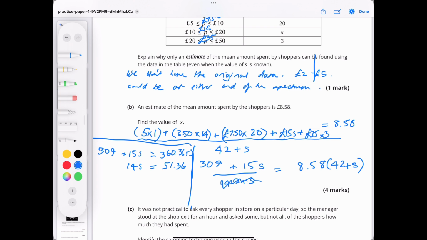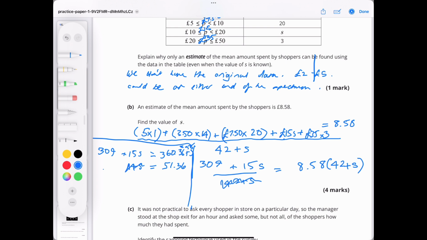This seems a little unlikely. So it's 51 point... now hang on. It just seemed a little unlikely there. So on that side, we've got 15 minus 8.58. So that is 6.42.